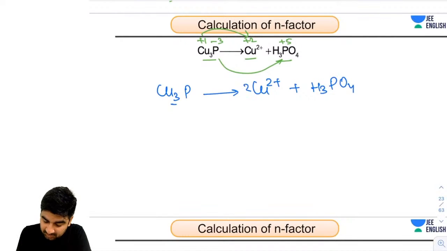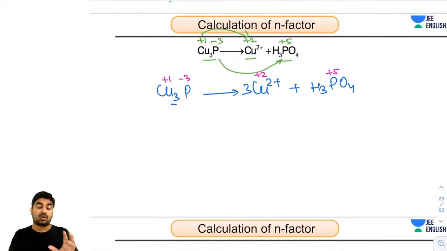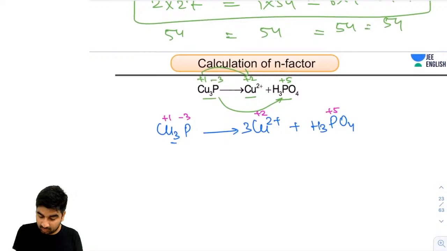Now you have 3 Cu2+, and write down their oxidation states, +1 and -3, +2 and +5. So what is the net exchange of electrons? How will you find out here? Just write somewhere copper. We have 3 copper, so it is moving from +3 to +6.